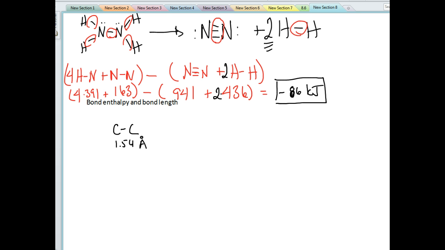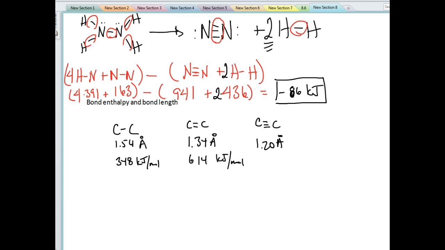The value to break this bond would be 348 kilojoules per mole. Okay, so if we have a carbon-carbon double bond, the length is 1.34 angstroms, and the value is 614 kilojoules per mole. And then if we have a carbon-carbon triple bond, its length is 1.20 angstroms and 839 kilojoules per mole.